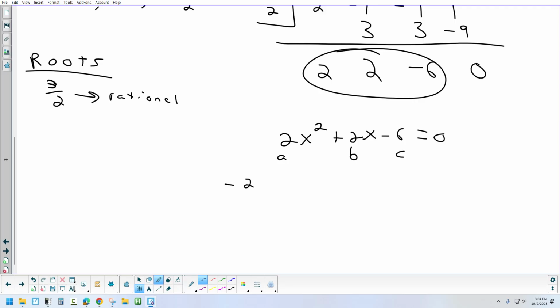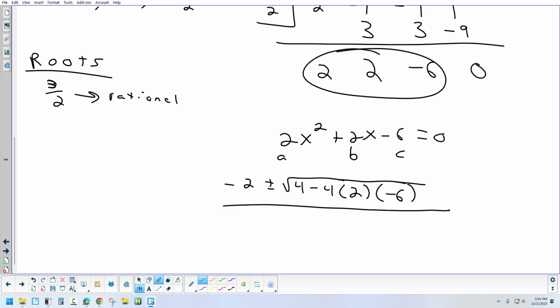Negative b plus or minus the square root of b squared minus 4 times a times c, all divided by 2a. We're subtracting a negative, so that becomes a positive.